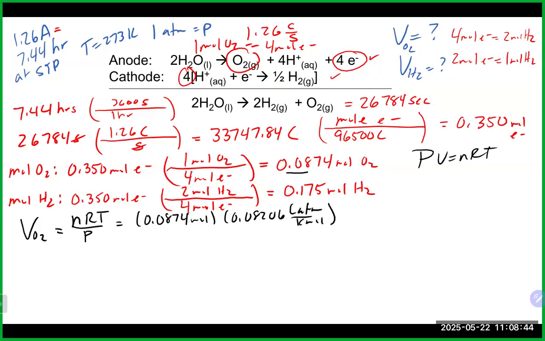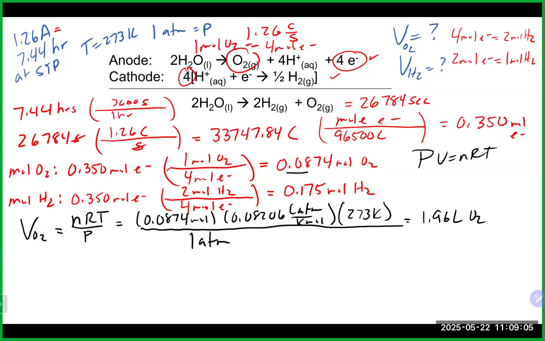If you like 0.0821, that's perfectly fine too. 273 Kelvin is what STP stands for, and 1 atmosphere is what STP stands for in terms of the pressure. That's going to get me here for my oxygen. About 1.96 liters of oxygen gas was collected.